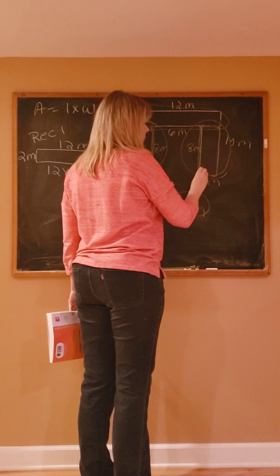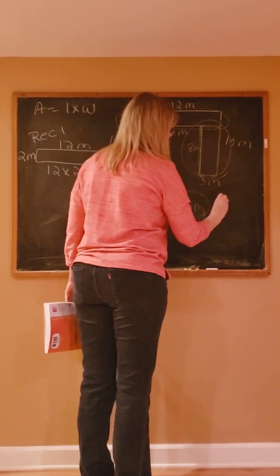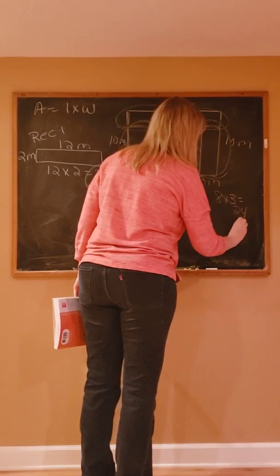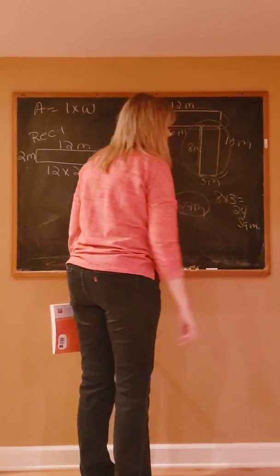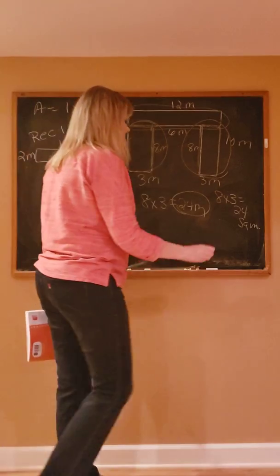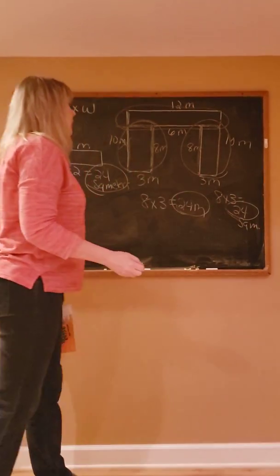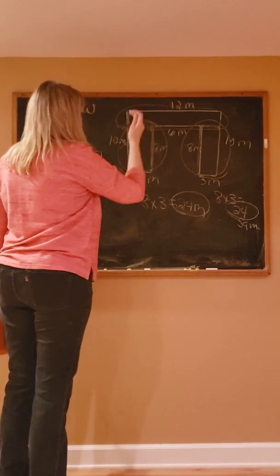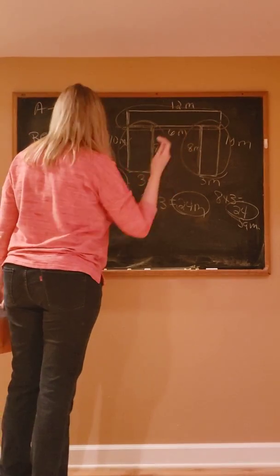So I'm going to use 8 times 3 again, and that's going to give me 24 square meters. All right, so I have 3 separate rectangles. I found the area for this one, I found the area for this one, and now I have this one.